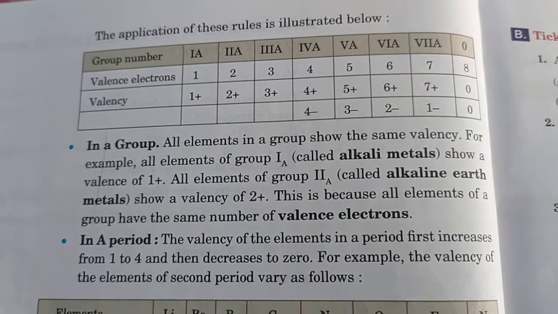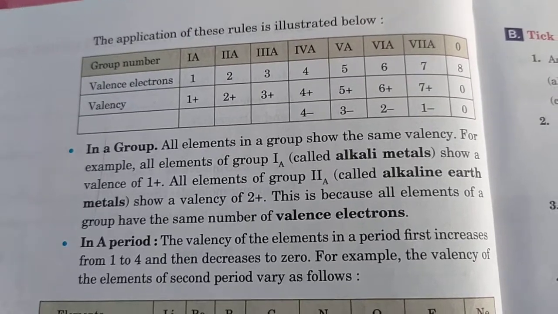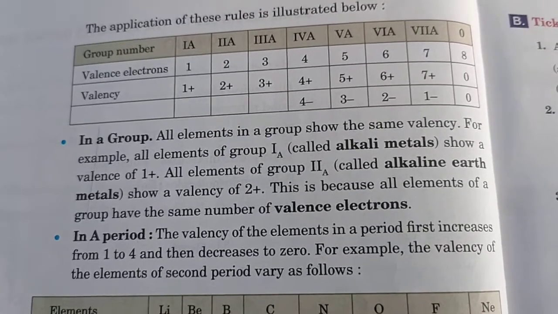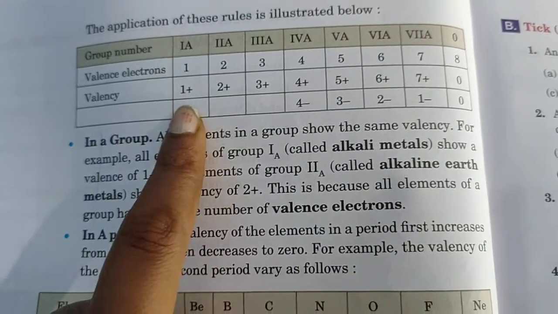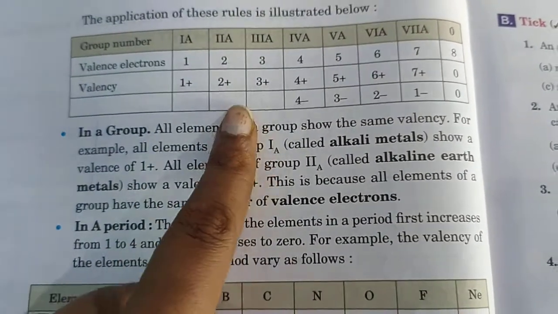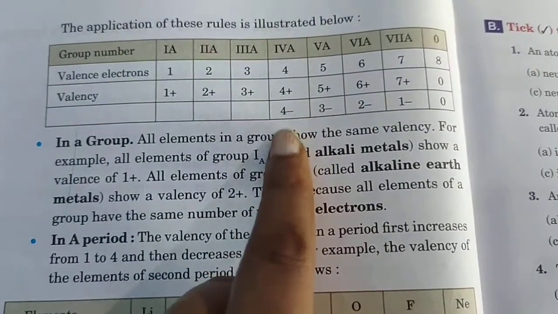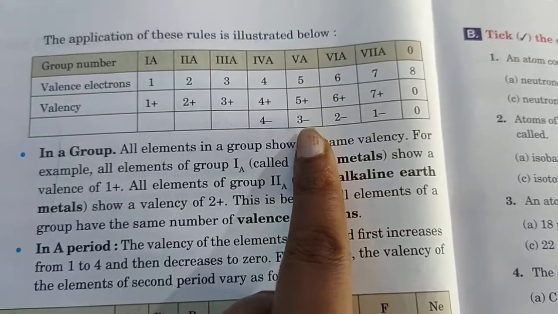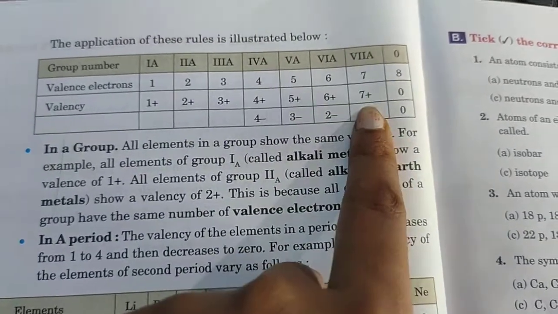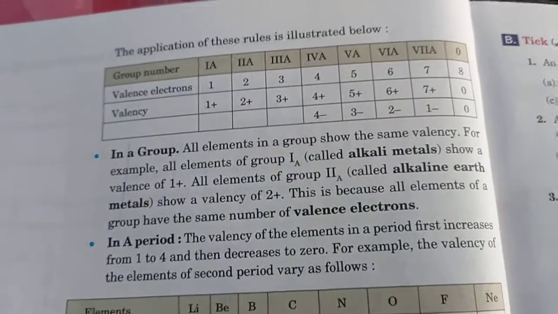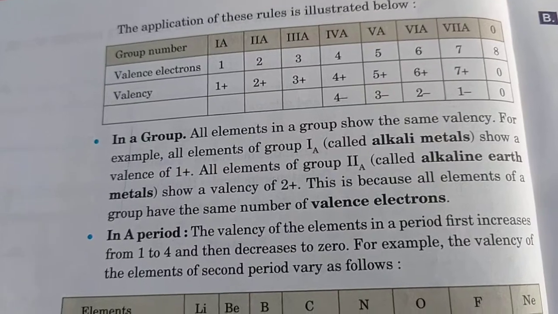For 5, 6, 7, 8 we subtract from 8: 8 minus 4 is 4, 8 minus 5 is 3, 8 minus 6 is 2, 8 minus 7 is 1. So first it increases from 1 to 4 and then it decreases to 0.